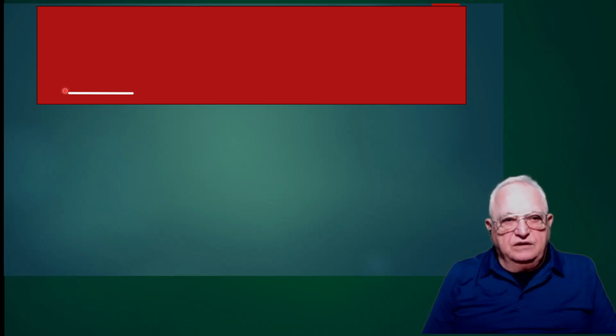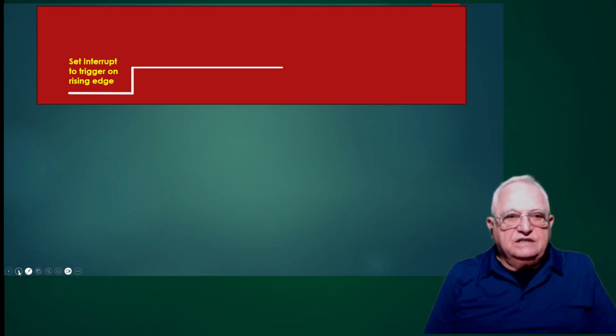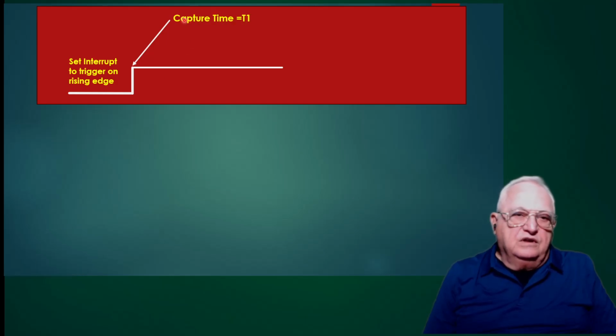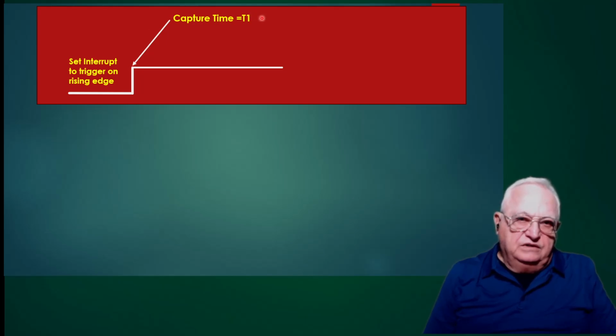So when we start, we have a signal low. When we have our signal low, the first thing we do is set the interrupt to trigger on rising. As soon as the signal rises, we're going to have an interrupt, and we're going to capture the time, which I call T1.